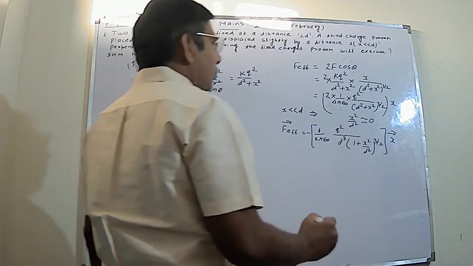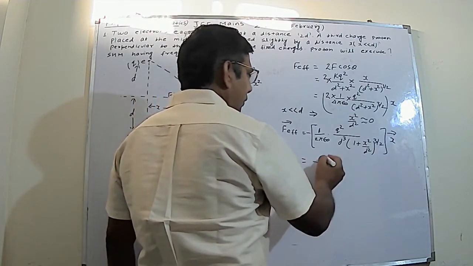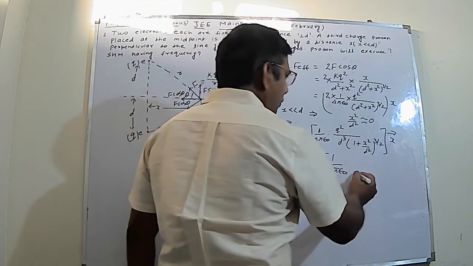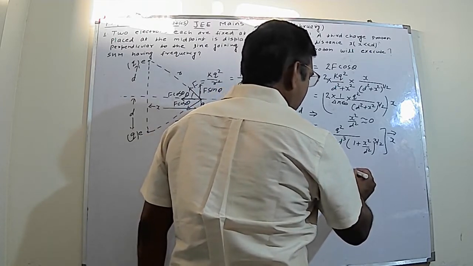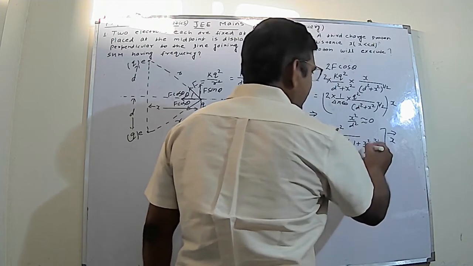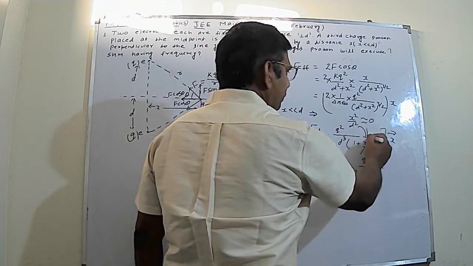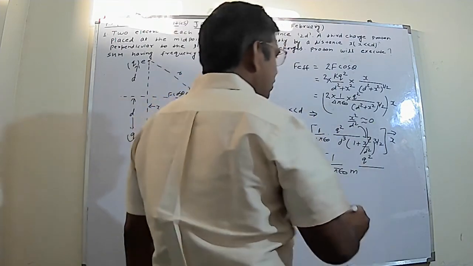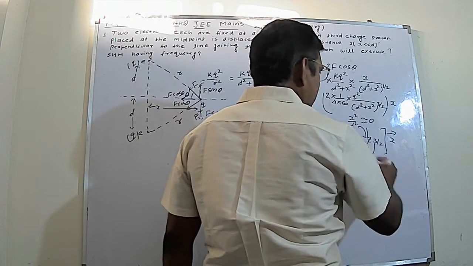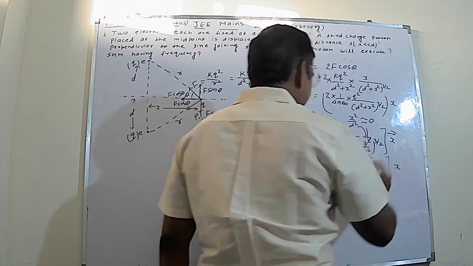Now we know that acceleration will be F by m, q square by m, and this term will go because it is 0, so this term we can write as d cubed, and this is again x.